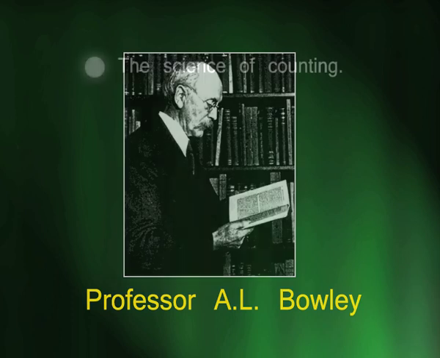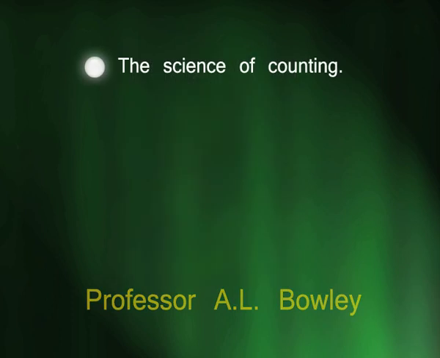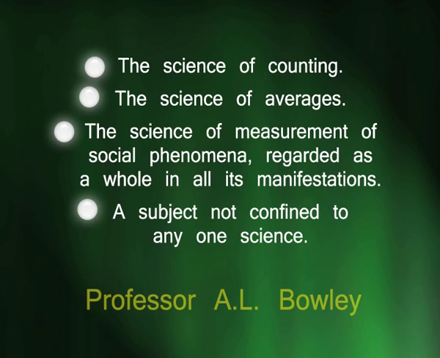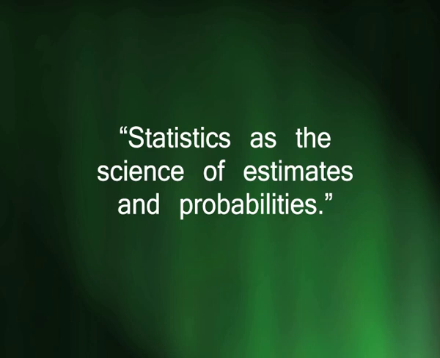He defined statistics as the science of counting, or statistics as the science of averages, or he defined statistics as the science of measurement of social phenomena regarded as a whole in all its manifestations, a subject not confined to any one science. Whereas Professor Boddington defined statistics as the science of estimates and probabilities.